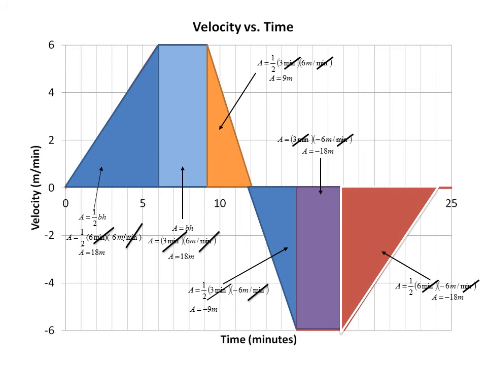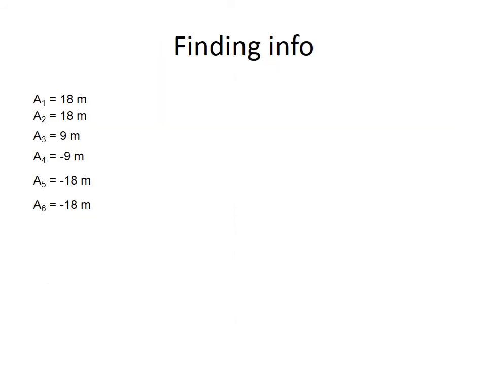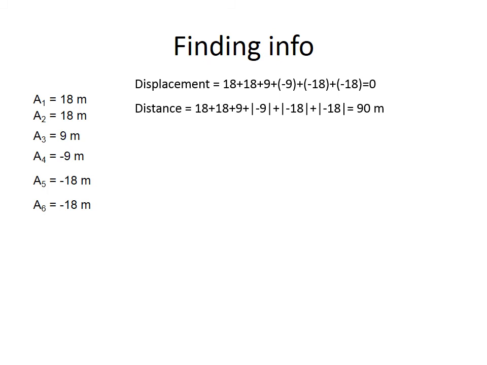Now we can find the total displacement and distance, and we could find slopes, average velocities, as well as average speeds. So let's take a look at that quick. Those are our various areas. If you add up all the areas, including the signs, you get a displacement of 0 meters.